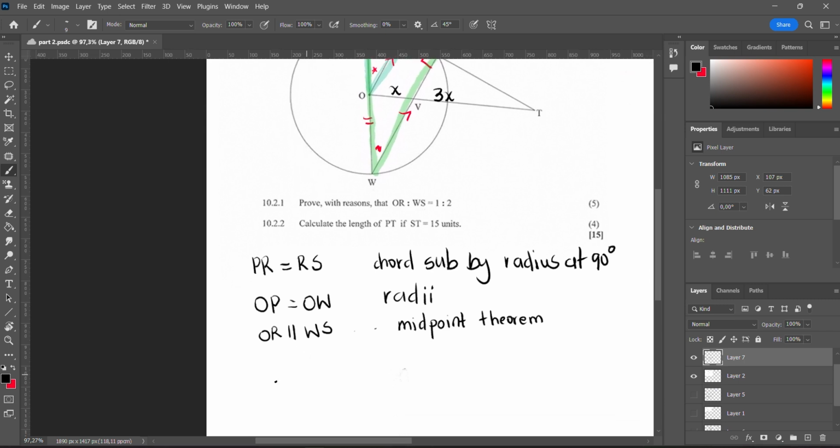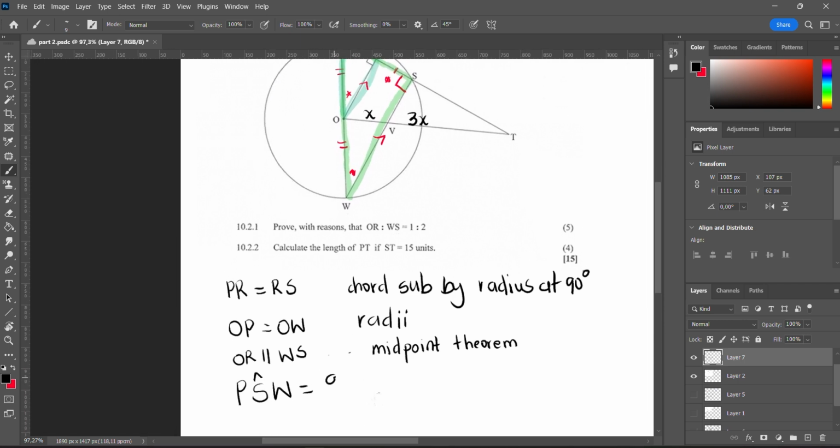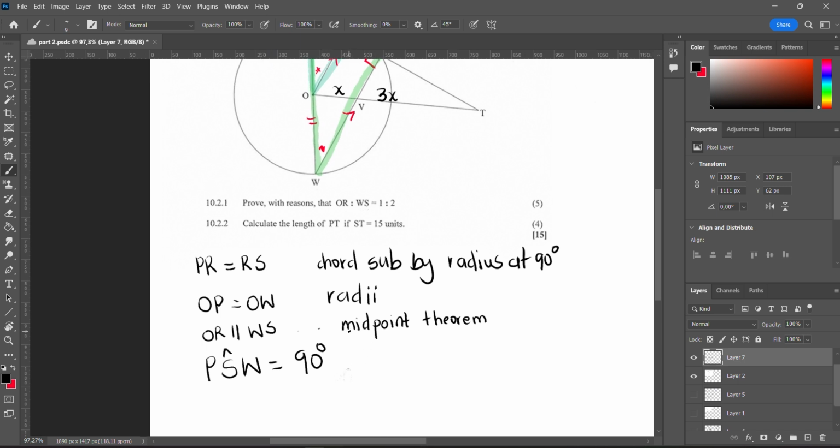Angle PSW, we can use corresponding angles, but I think using this also shows a level of understanding of Euclidean geometry.